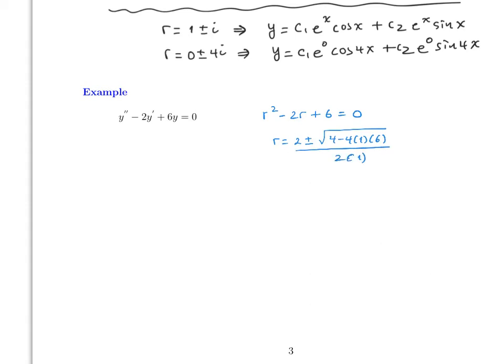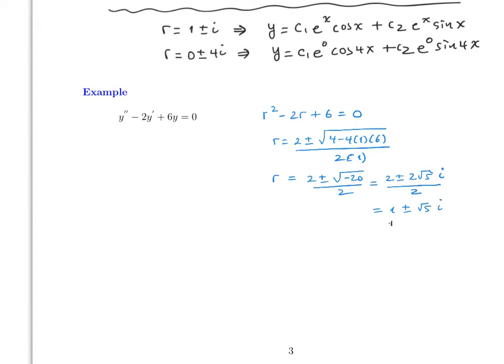Okay, so this is just the quadratic formula. This is actually equal to 2 plus or minus the square root of negative 20 divided by 2, and this is equal to 2 plus or minus 2 radical 5 i, so here's the complex part, divided by 2, or this is just 1 plus or minus the square root of 5 i.